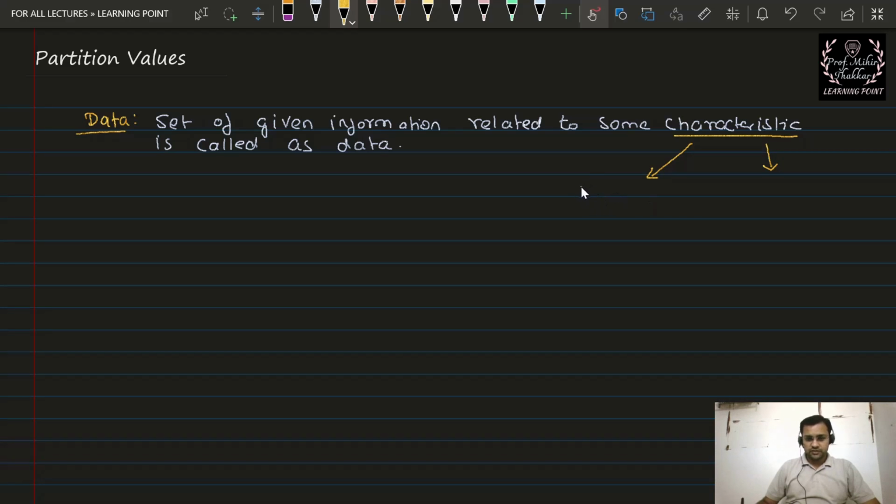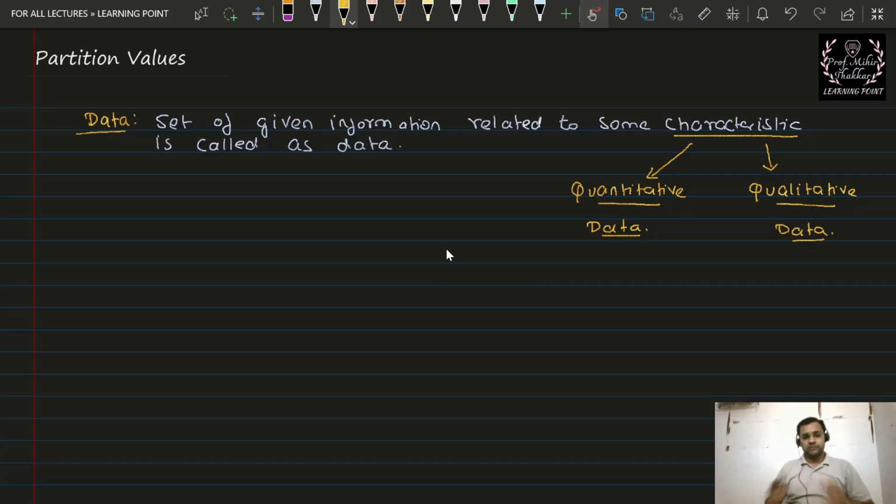It can be the quantitative data, or it can be the qualitative data. Now, when we talk about the partition values, it will all be related to the quantitative data.